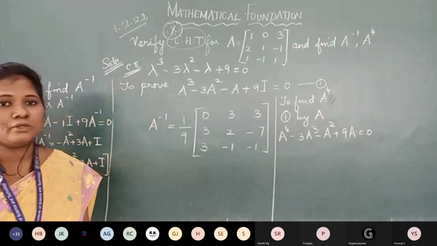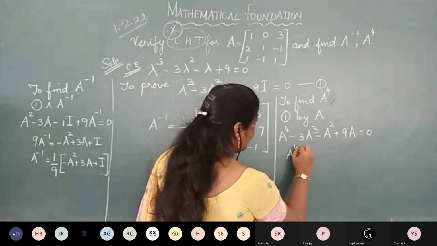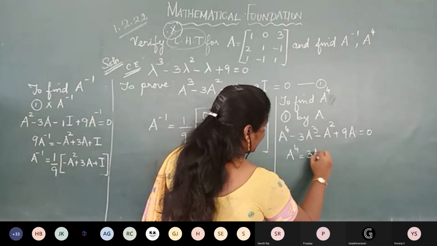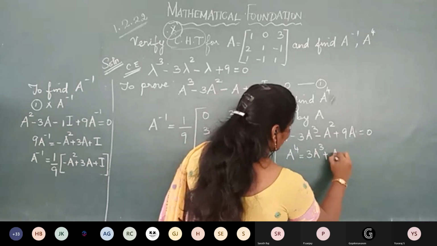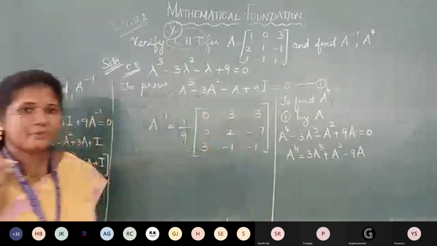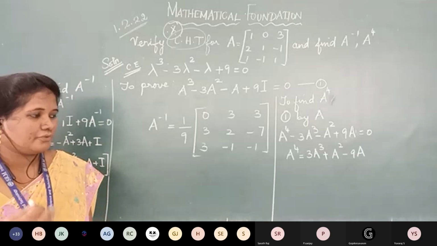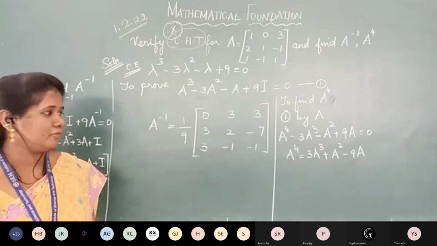In this, you need only your A power 4. So A power 4 is equal to 3A cube plus A square minus 9A. You know the values of your A cube, A square, and your given matrix. So add it and tell me the value of your A power 4.